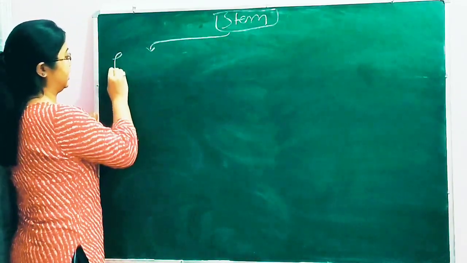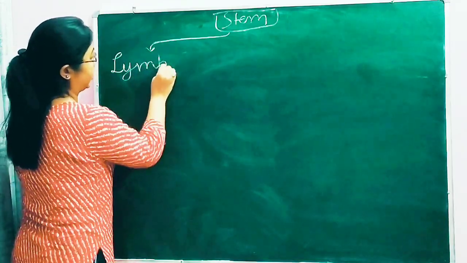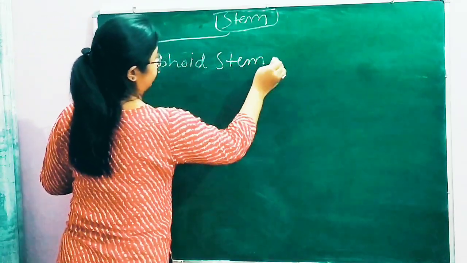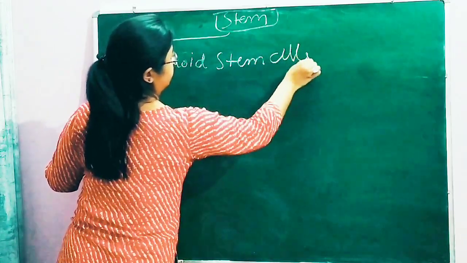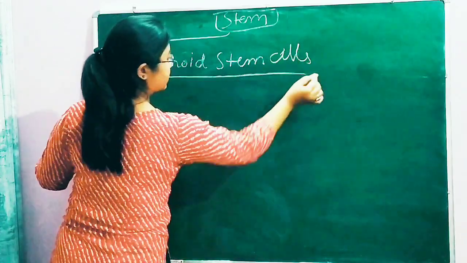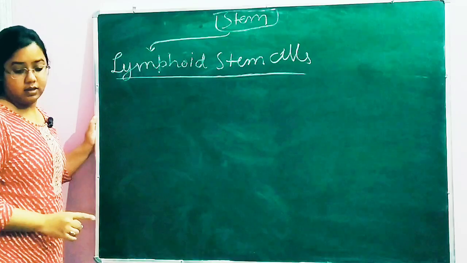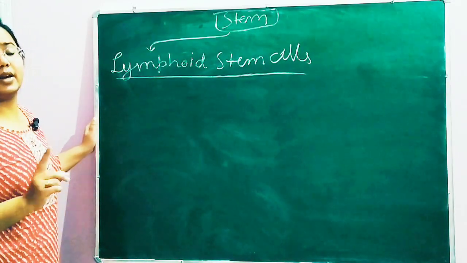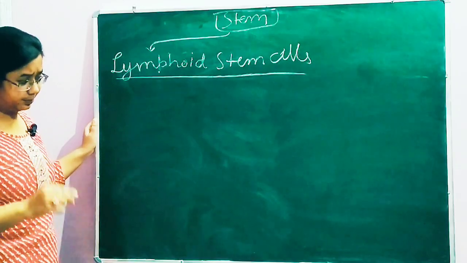In the lymphoid stem cell series, three cells are formed: T lymphocytes, B lymphocytes, and natural killer cells.